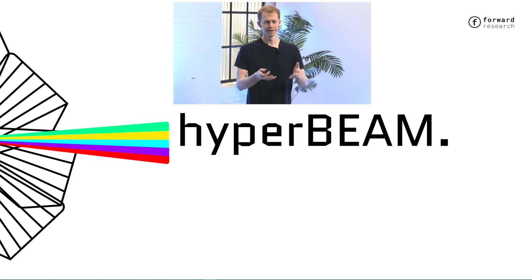And indeed, HyperBEAM runs on top of Erlang too. So it's a from-scratch re-implementation of all of the infrastructure that goes into running the AO network. And it modularizes, it turns into devices, each of those components that we now know, as well as opening up the playing field for many, many, many different varieties of devices to be made. I think X unit is kind of an appropriate way to think of it if you're already familiar with how AO works.